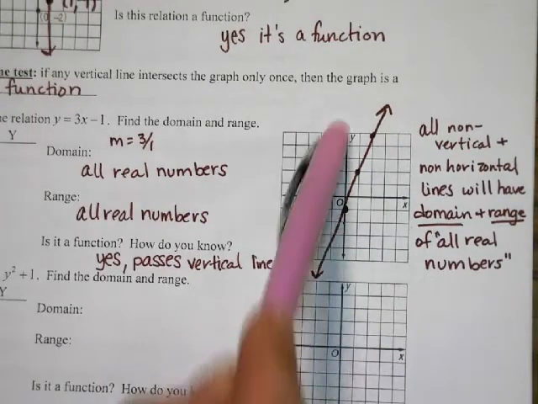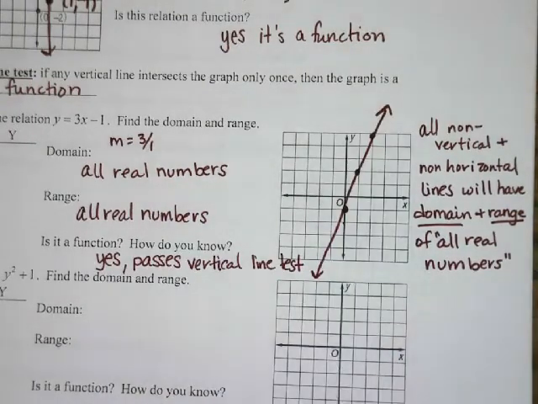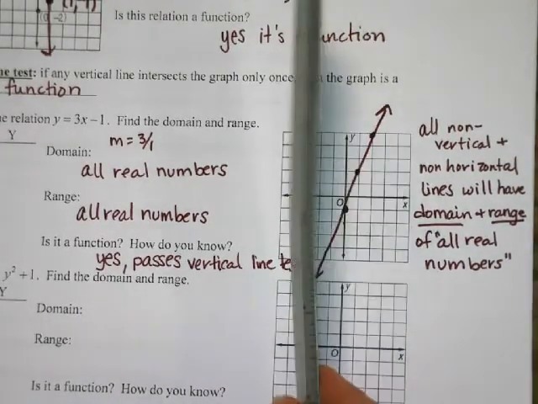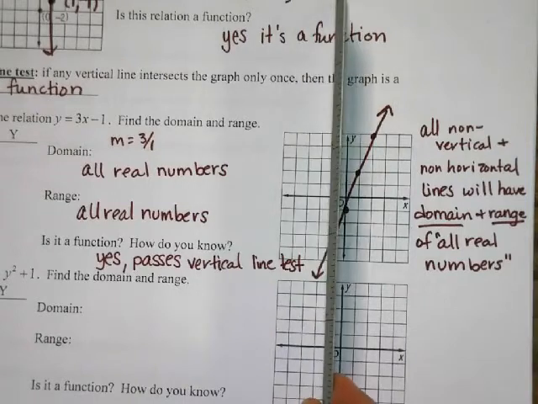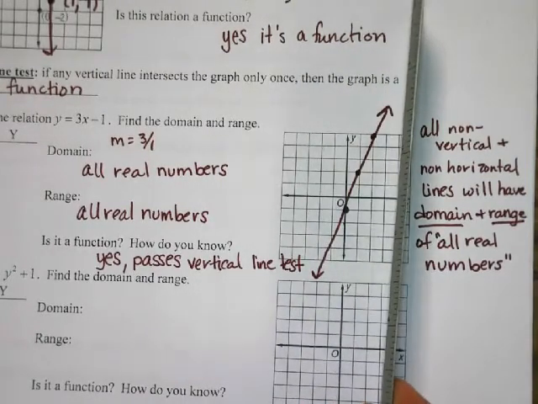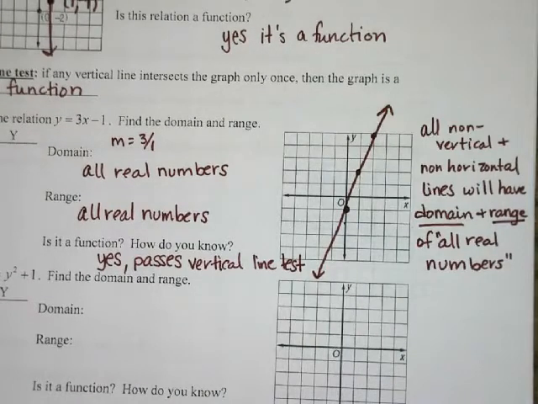No matter where I draw it, I will only cross my graph once. You could think about if you had a ruler. I'm only touching my graph once. Okay, questions on that one?